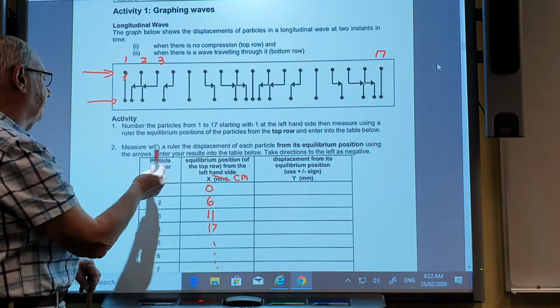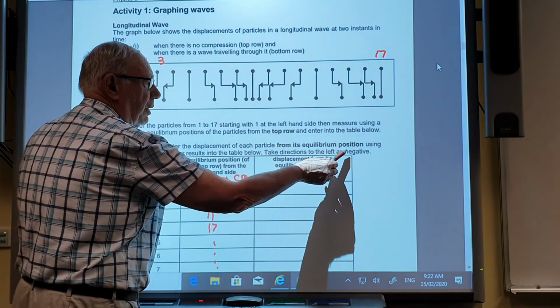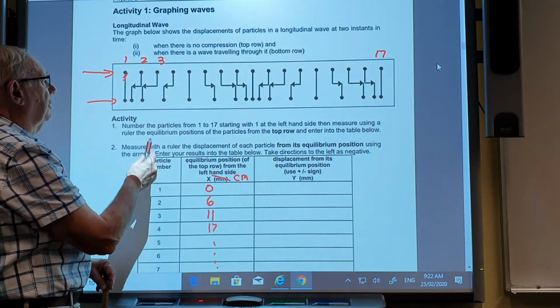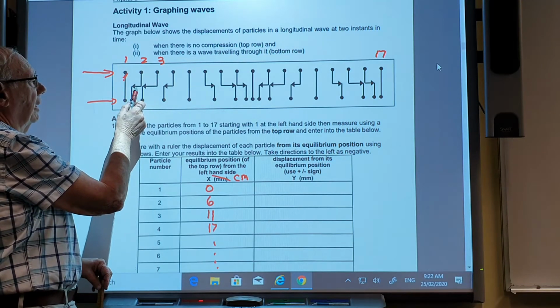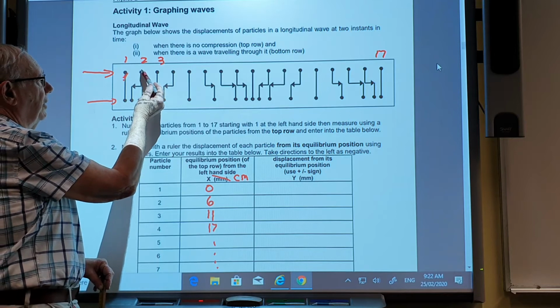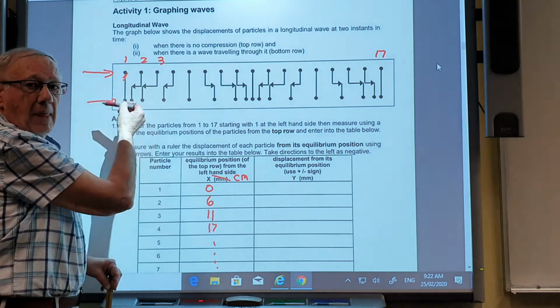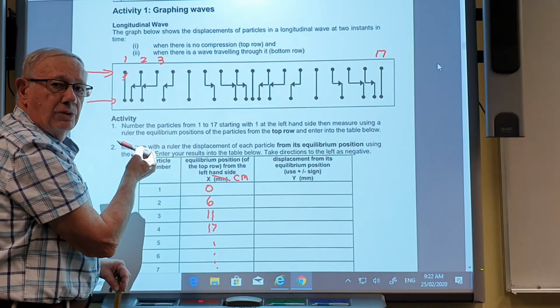Then it says, measure with a ruler the displacement of each particle from its equilibrium position using the arrows. So here are the arrows, and this diagram shows that this particle has been displaced backwards as the sound goes through.